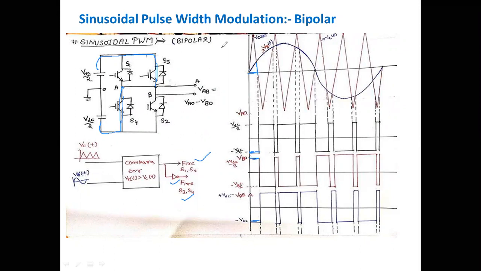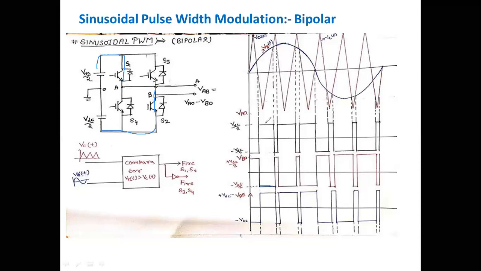So when switch S1 is turned on, that means A is connected to the positive terminal of the battery, and when S2 is on, that means terminal B is connected to the negative terminal of the battery, that is minus VDC by 2, and this is plus VDC by 2. So in this time period, VAO is plus VDC by 2 and VBO is minus VDC by 2.